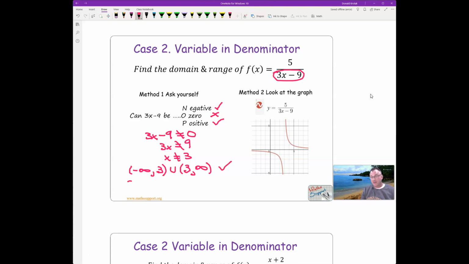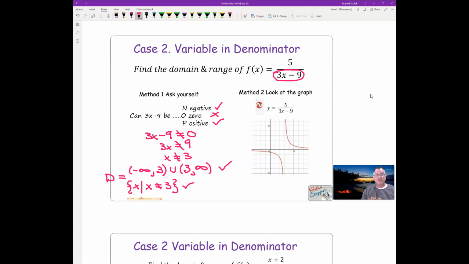Okay, another way would be in set builder notation, the set of all x's such that x does not equal 3. That's another way of writing the exact same thing. So that's our domain here.